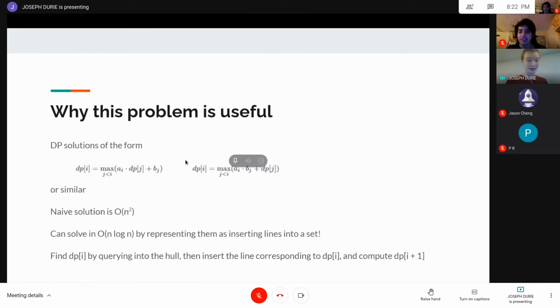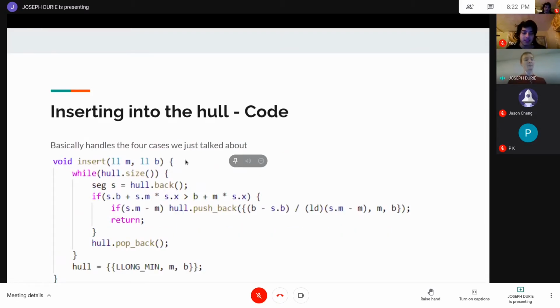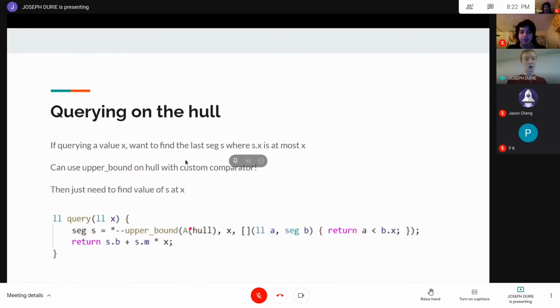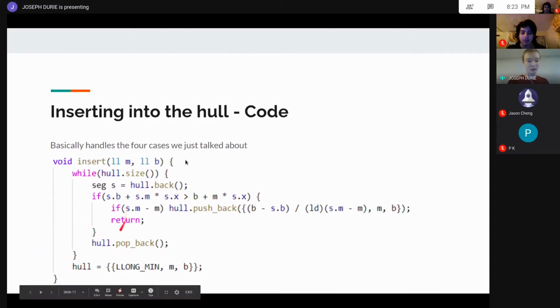Oh, wait, one thing I forgot to go over quickly is the time complexity of all this. Queries are log n, because you're doing the binary search on your segments. And the way we have them now, insertions are actually constant time amortized, because every time we run this while loop, we're popping something off of the vector. If we're inserting n lines, we're only going to put at most n things into the vector.